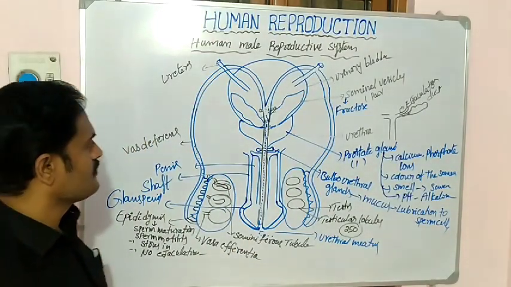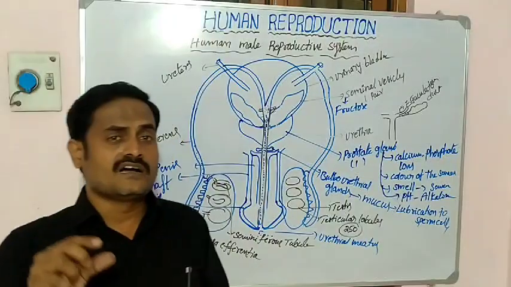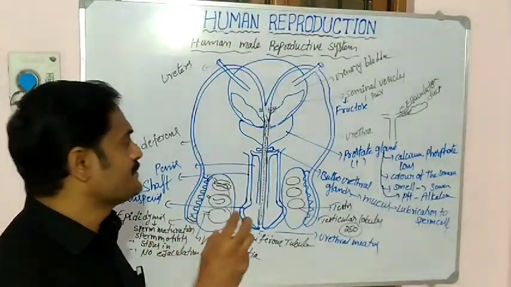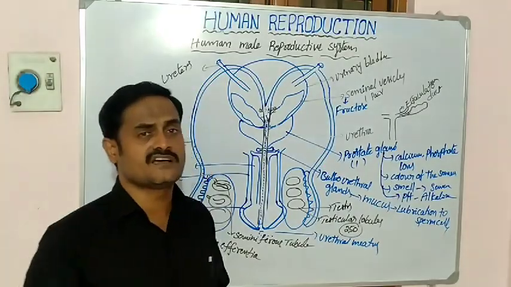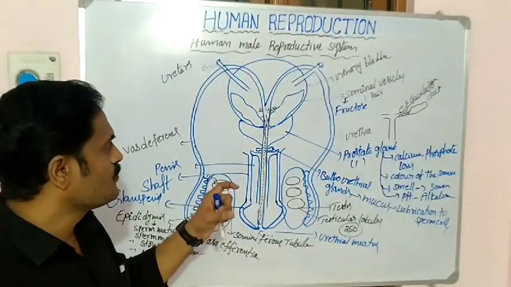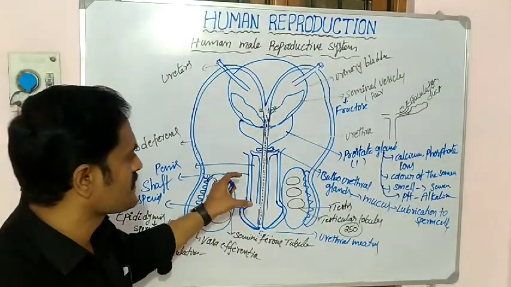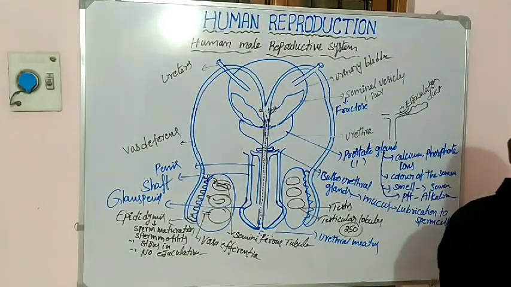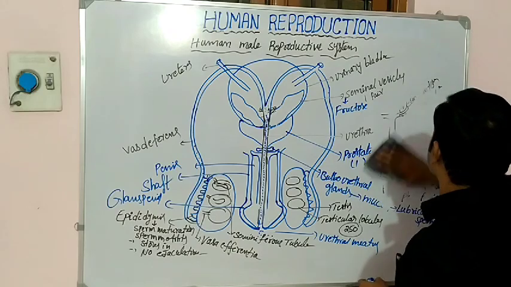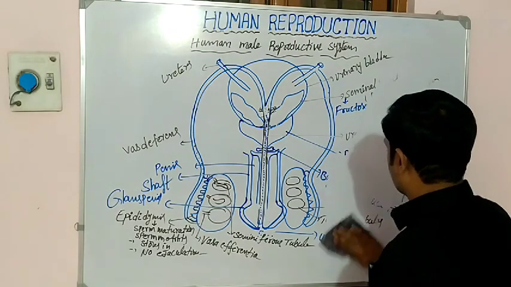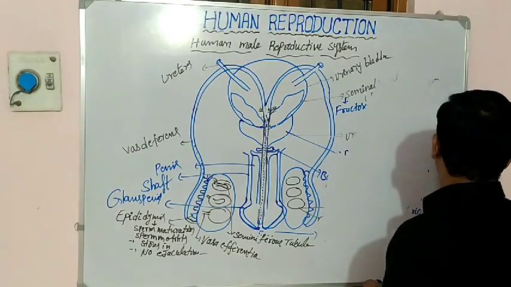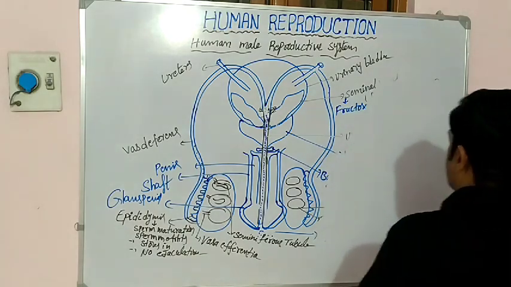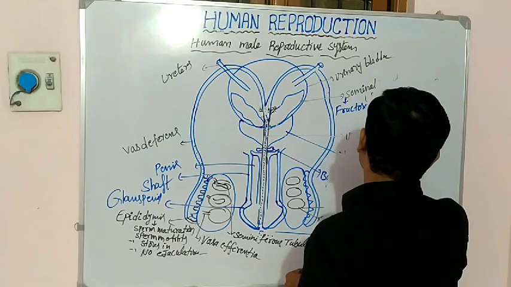And also, when we take the cross section, the TS of the penis, some important arrangements are seen. What kind of arrangements are present in a TS of penis? Now I will draw. So, TS of penis.